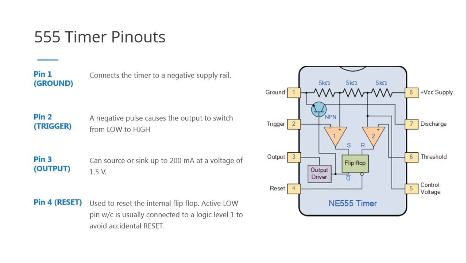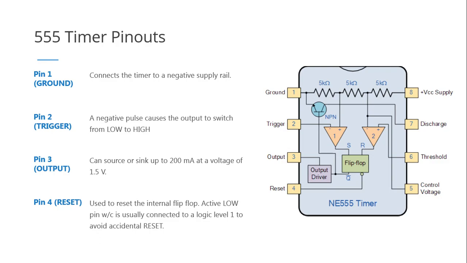Now, usually a 555 timer can drive or sink up to a 200 milliampere current, up to a voltage of around 1.5 volts, or at least 1.5 volts. So that current or power is actually enough to power LEDs, small motors, and low power applications.